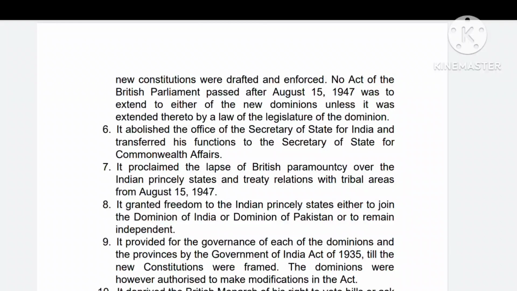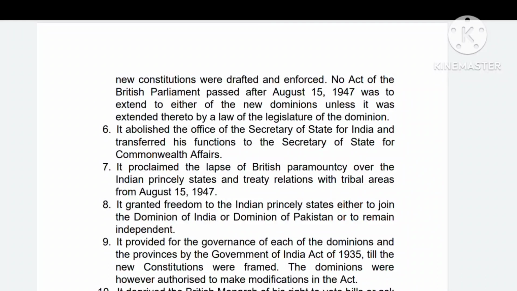No act of the British Parliament passed after August 15, 1947 was to be extended to either of the new dominions unless it was extended thereto by a law of the legislature of the dominion. Number 6. It abolished the office of the Secretary of State for India and transferred his functions to the Secretary of State for Commonwealth Affairs.